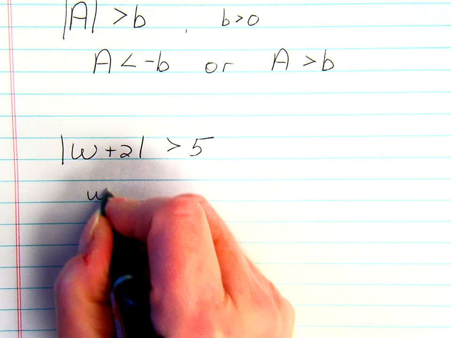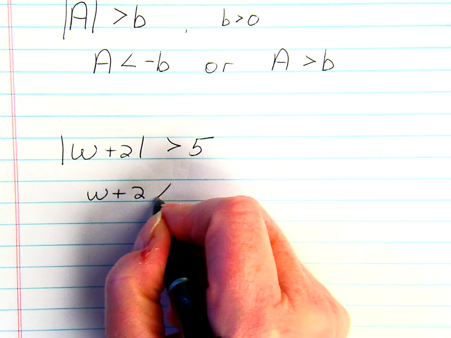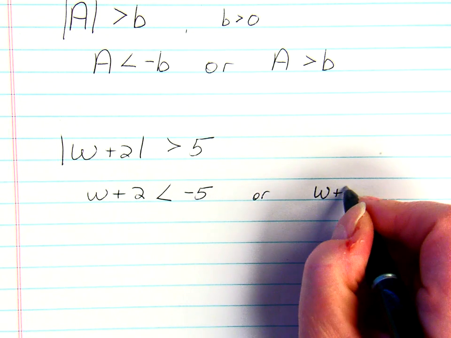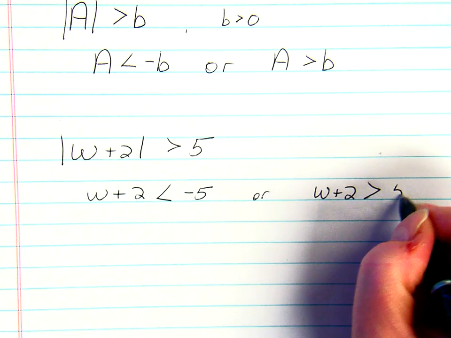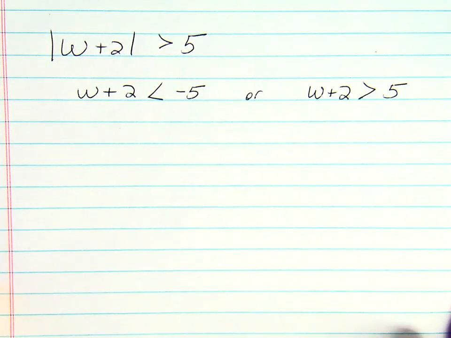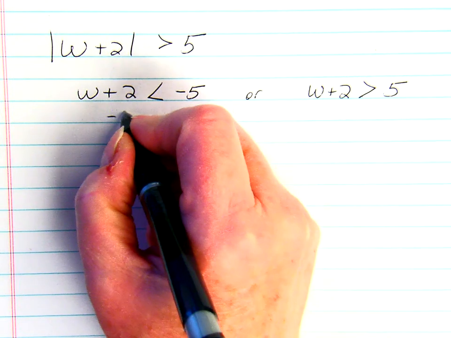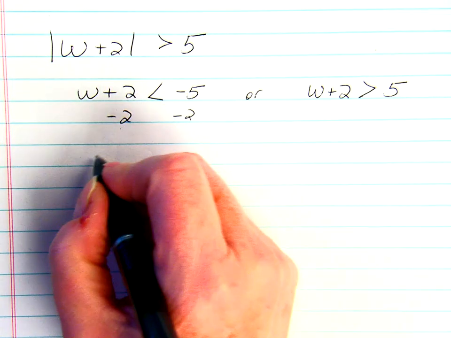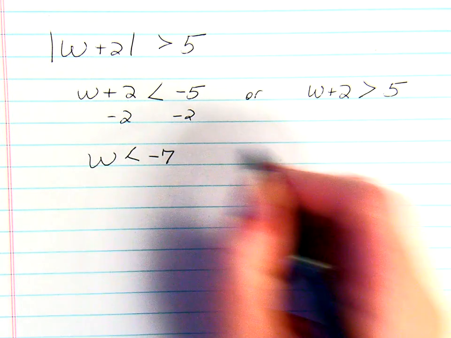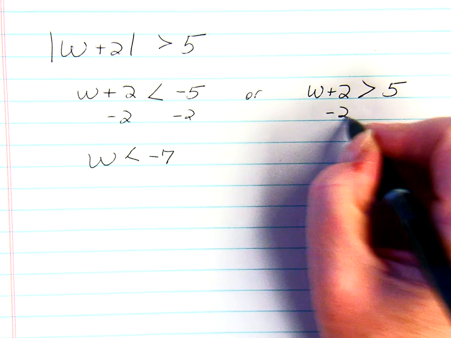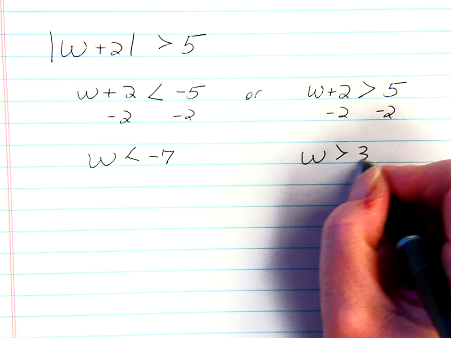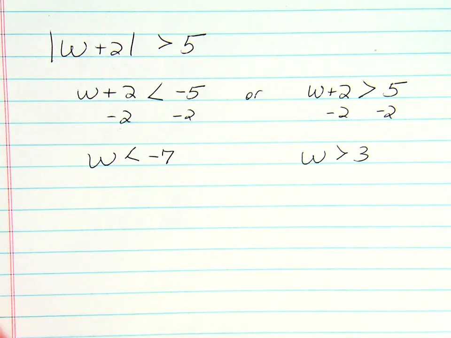So that gives me W plus 2 is less than -5, or W plus 2 is greater than 5. Now I'm just going to go ahead and solve this. And so W is less than -7, and this is going to be W is greater than 3.